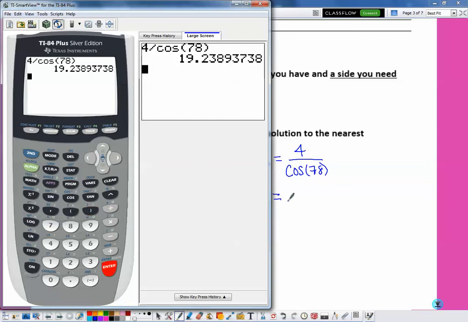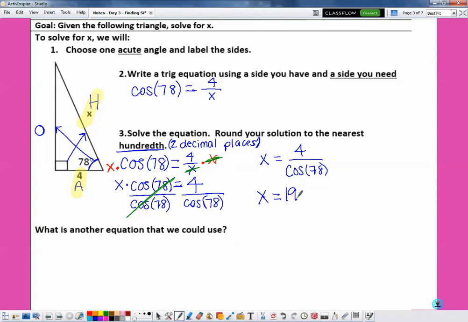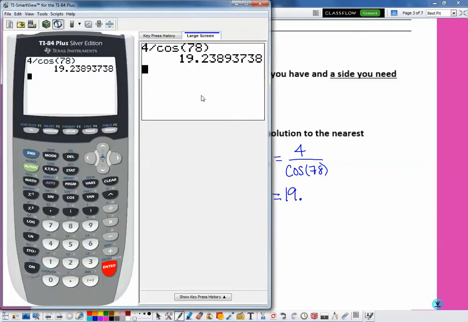So 19 point, and remember it said round to the nearest hundredth, which is 2 decimal places. So 19.23, but we need to look at the third number to let us know whether or not we need to round up the 3. So 19.24, because the 8 would make the 3 round up.